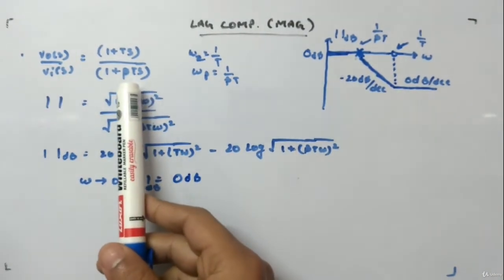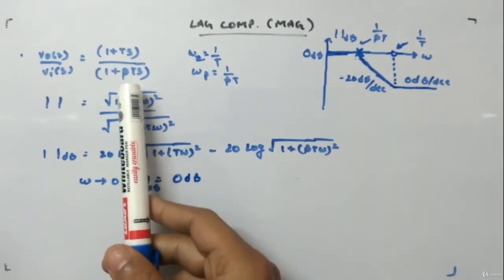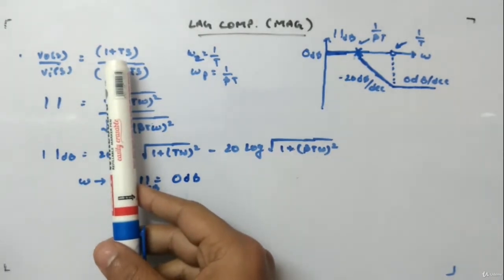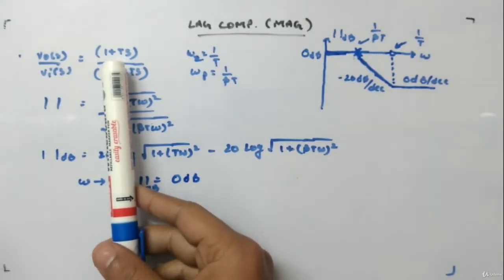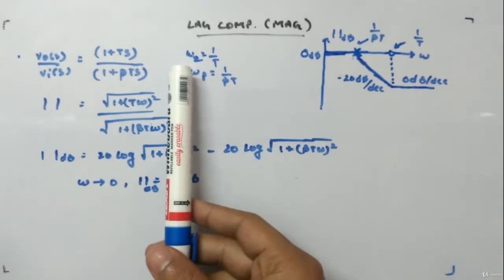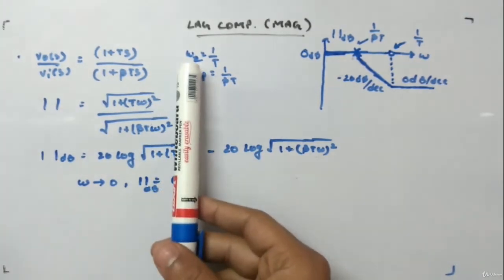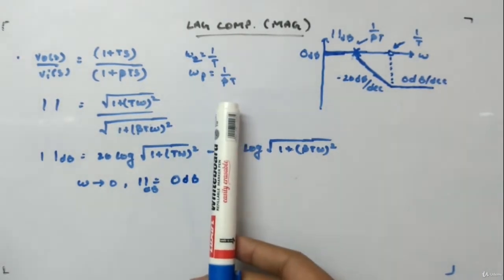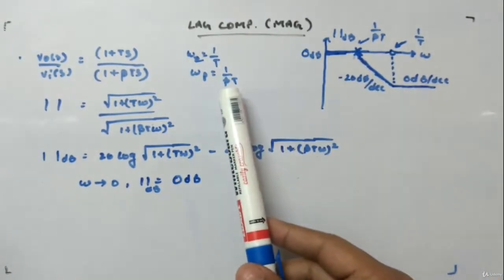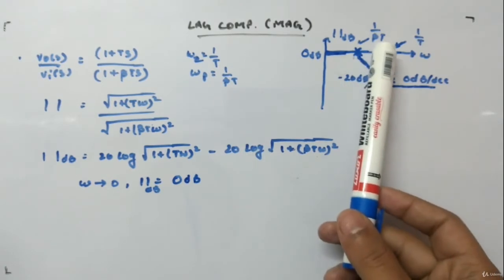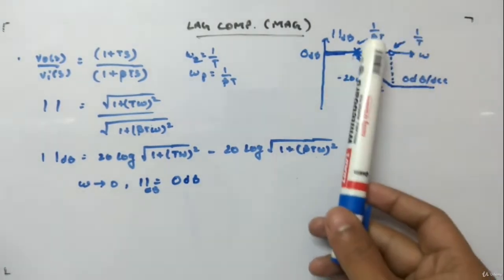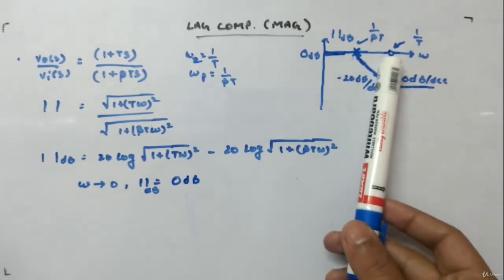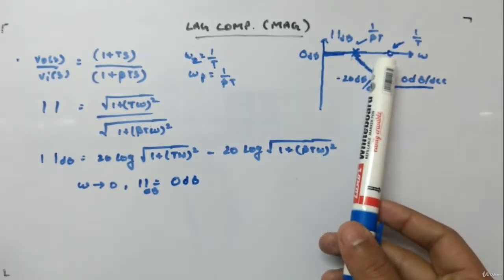So one pole is at 1 by beta tau, and one 0 is at 1 by tau. If you calculate, omega 0 will be 1 by tau and omega pole will be 1 by beta tau. Since beta is greater than 1, 1 by beta tau will be smaller than 1 by tau. So here the pole comes, and here the 0 comes.